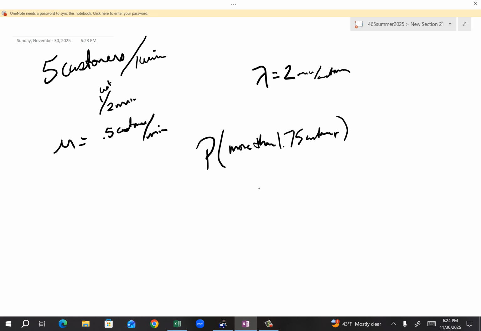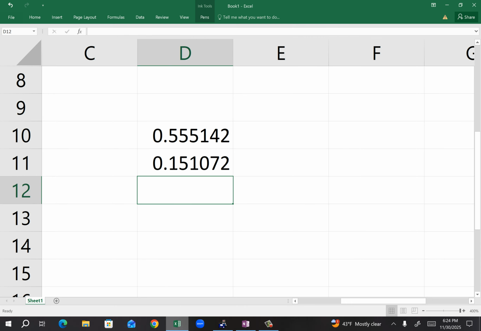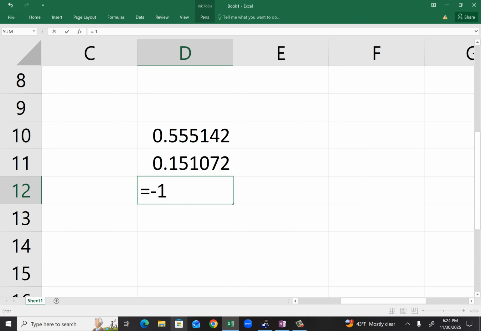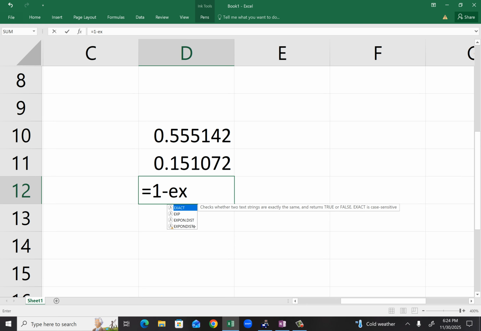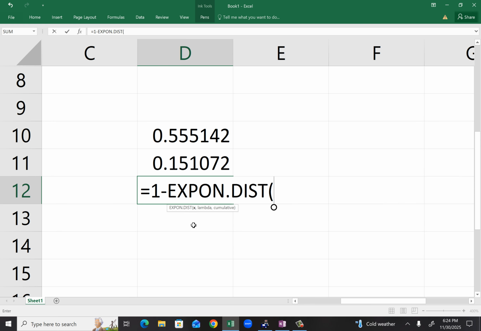Let's find out. Again, in Excel, if I just use the formula, more than is going to be greater than. So it's going to be equals 1 minus EXPON.DIST. And then, what did I say? X was 1.75, comma, 2 is my lambda, comma 1.